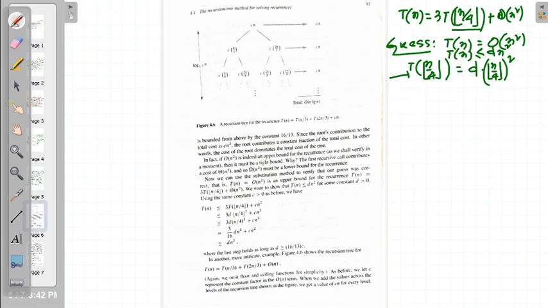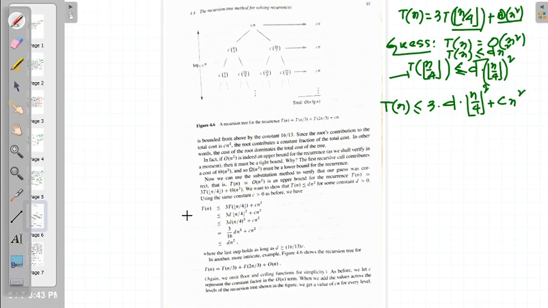So T(n) will be less than or equal to 3T(floor(n/4)) plus Θ(n²), which is upper bounded by cn².